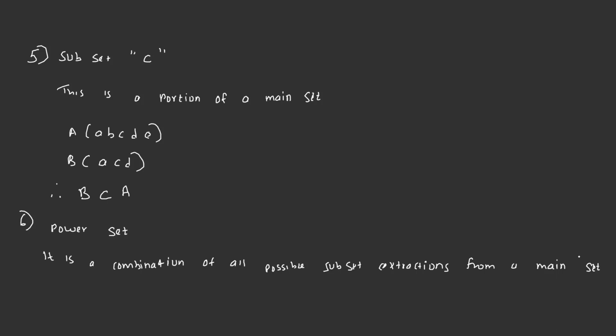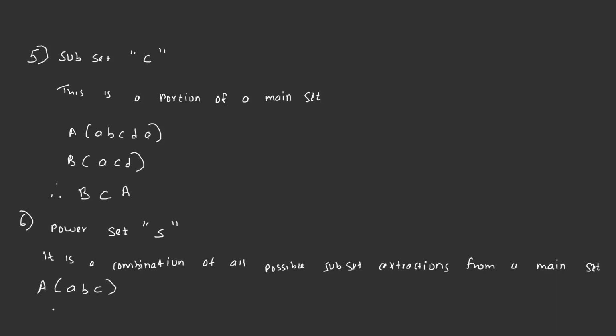So we can give an example of A, which has elements A, B, and C. A power set is usually denoted by S.